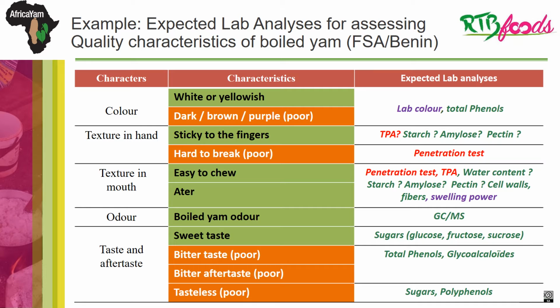And also it can be water content, for example, fiber content, cell wall content. In the case of taste, of course, you can measure the sugar levels that can be linked, we suppose, with a sweet taste.